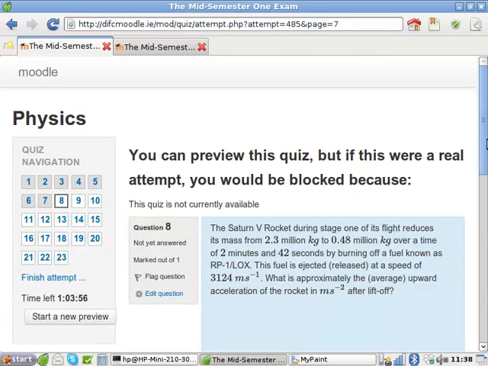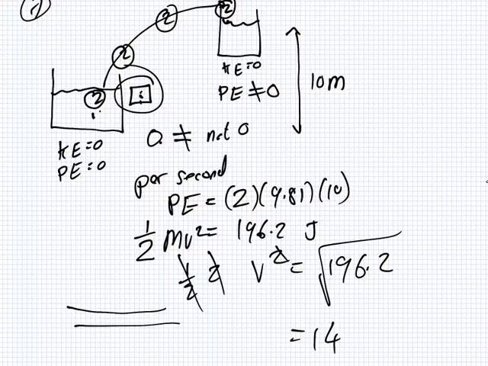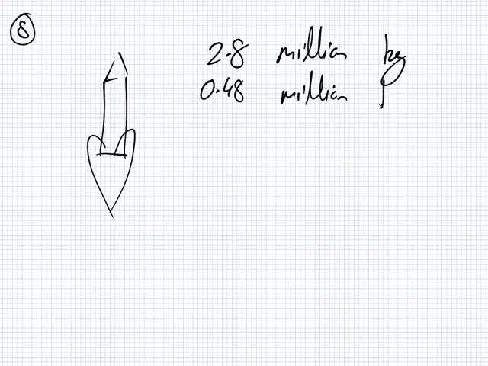The rocket question. This wasn't as hard as people thought it was, but let's have a look at it. The Saturn V rocket, during stage 1 of its flight, reduces its mass from 2.3 million kilograms to 0.48 million kilograms, because it's burning the fuel.